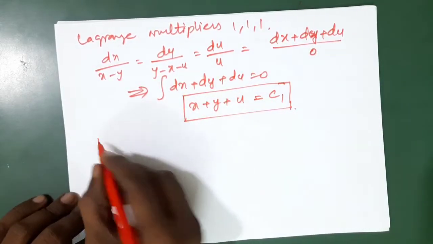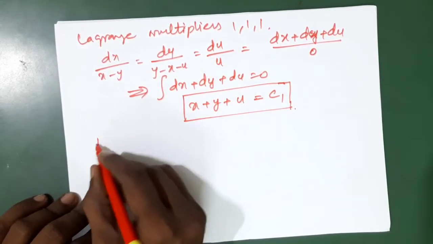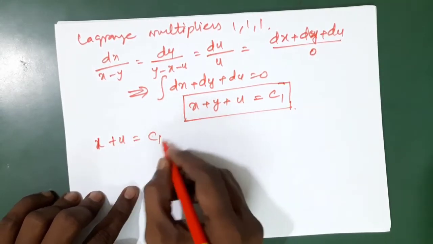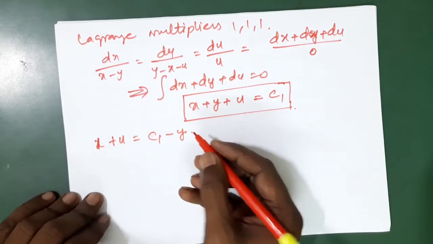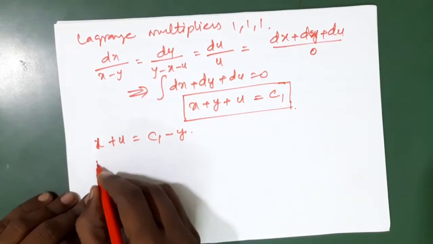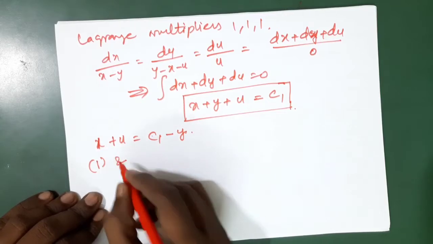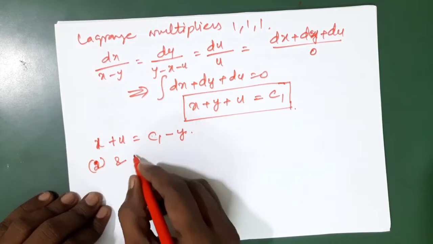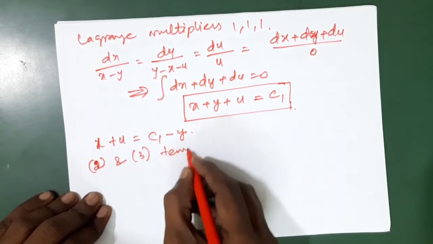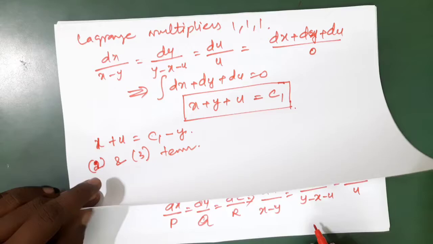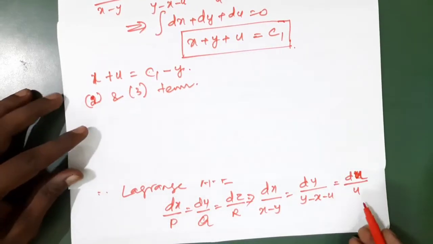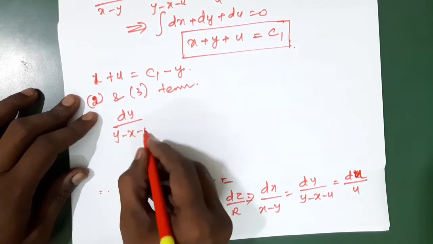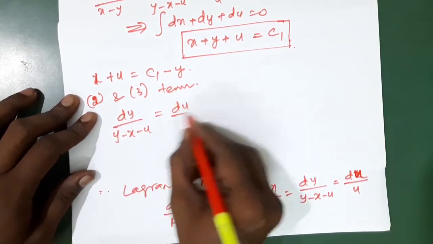From the above, we can write x plus u is equal to c1 minus y. Next we consider the second and third terms: dy by y minus x minus u is equal to du by u.